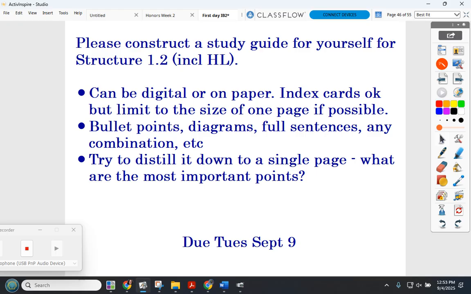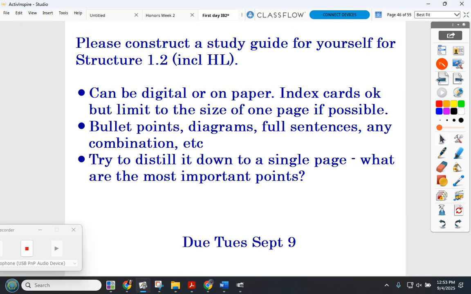I will look at what you have and give some feedback, like, hey, this is a really great way of showing this, hey, this person made a table, or, hey, you only wrote three things, but maybe you feel really confident about this material, are you sure that's all you want? That sort of thing. So don't worry about a score on this assignment. Just do yourself a favor for May. Okay. And I'll put that in Canvas so that you can submit a digital version if you want to.